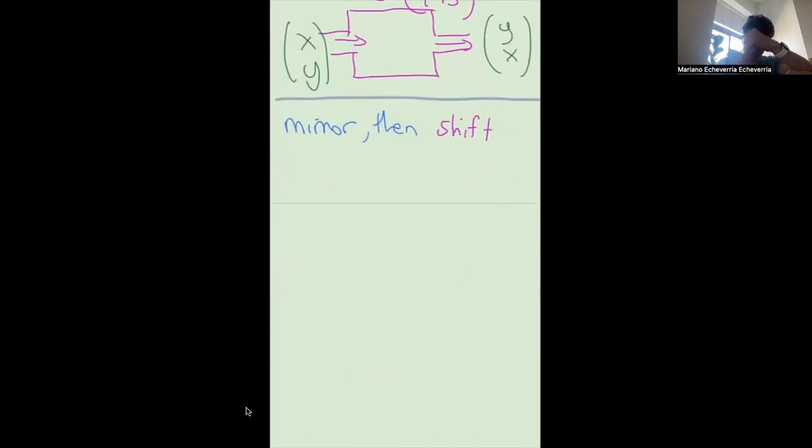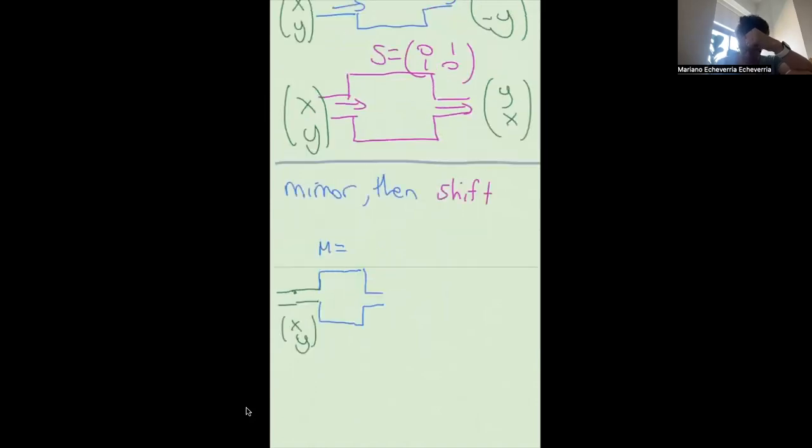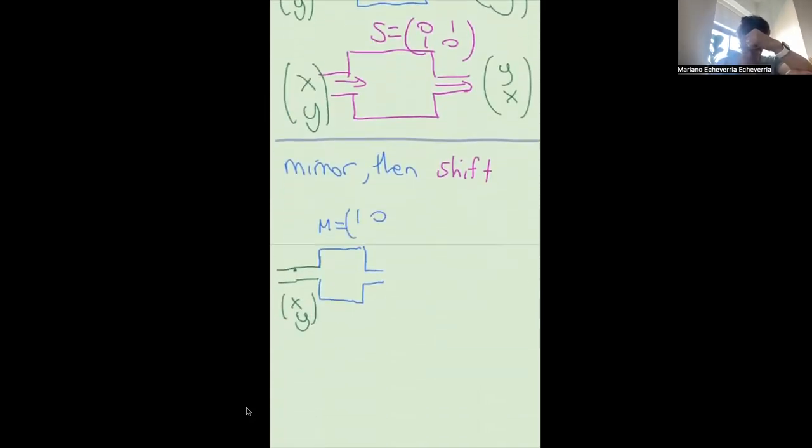I'm going to start with a vector x, y and feed it into the mirror machine first, and it spits out the vector x, negative y.